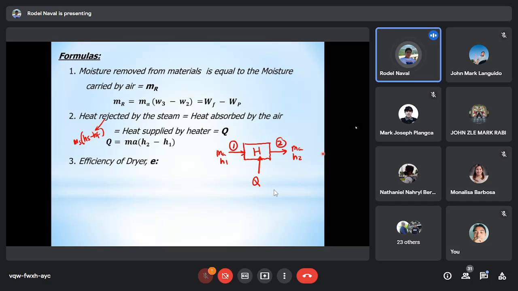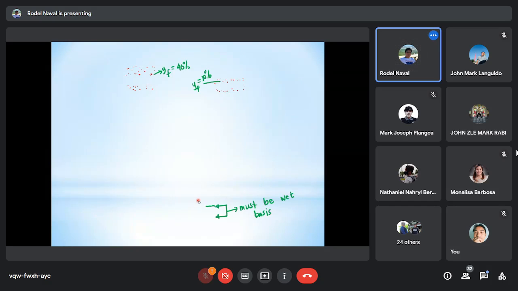And then the dryer efficiency is heat absorbed by the material over heat supplied. No? This one. Okay? Heat absorbed by the material over heat supplied. Good job.